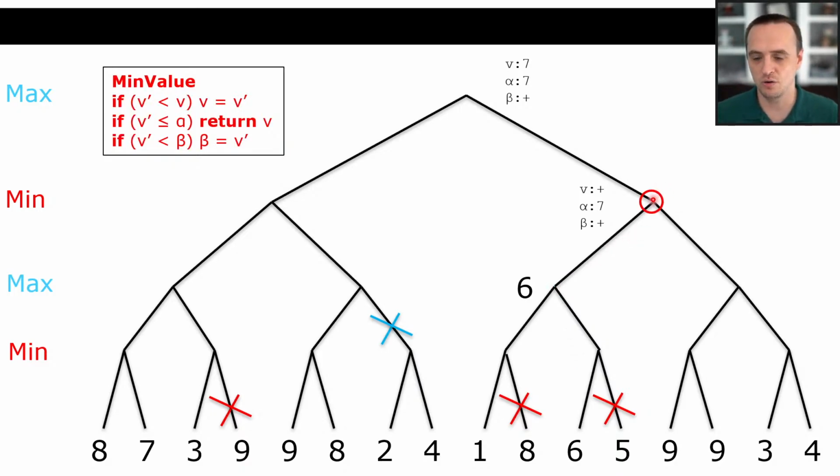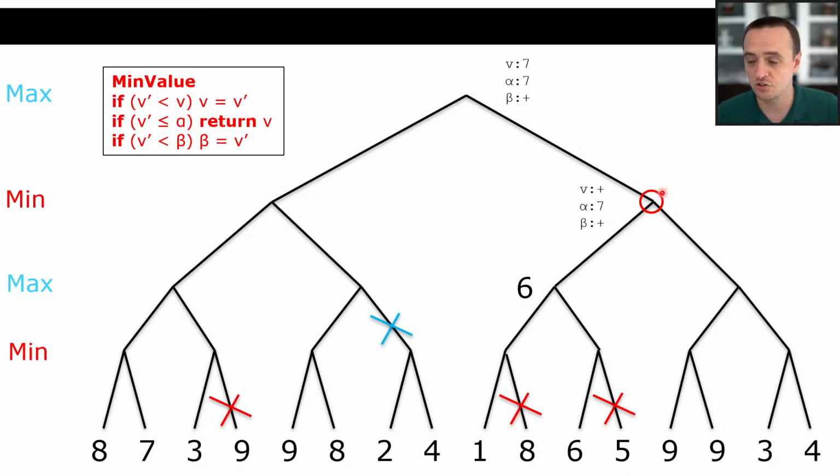Now, this node up here has a 6. But watch this. This is where we start to get into the huge amount of savings with AlphaBeta. And I'm lucky to be able to fit this on one slide. This one up here, the root node, knows it's trying to maximize, and it already has a value of 7, right?